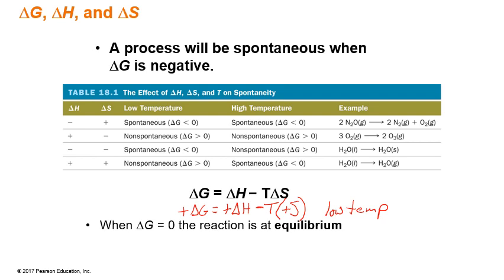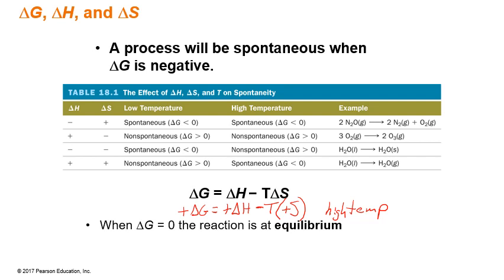Okay. All right, what if we're at high temperature? Well, at high temperature, the T becomes large. We're going to have a larger negative value for the temperature times the entropy.